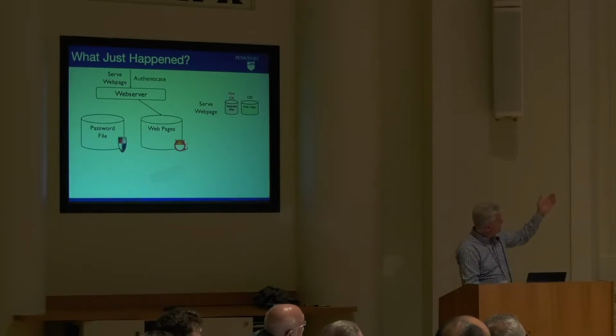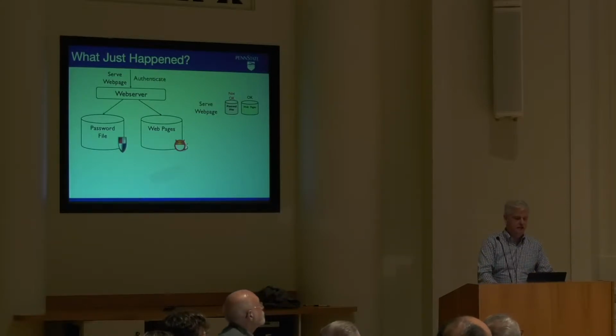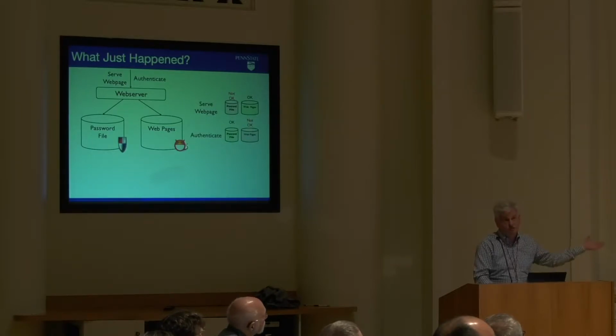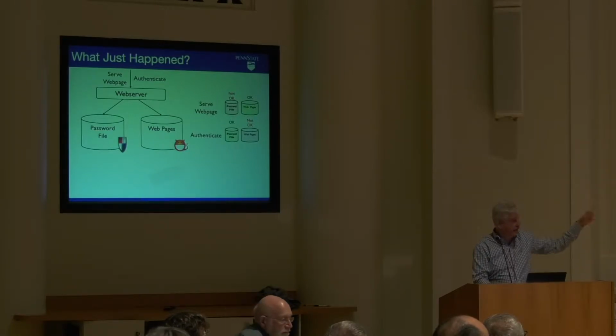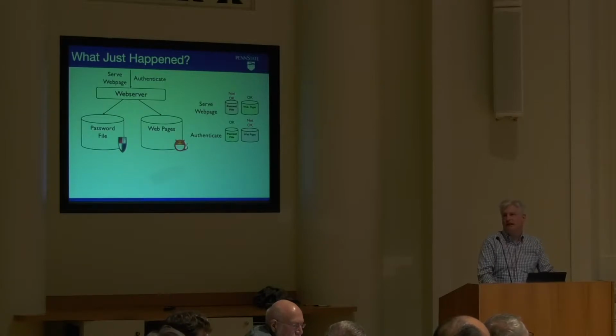But the web server also does authentication. And in that case, the web server should use the password files and this sort of information. And in theory, also should not use web pages, right? We don't want somebody putting a web page in that's crafted like a password file, so that might be used to do authentication. So we have this other problem as well.